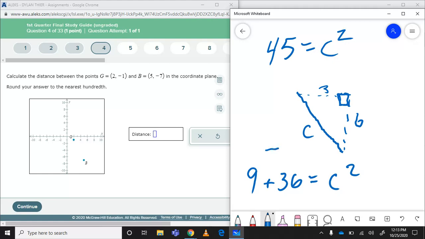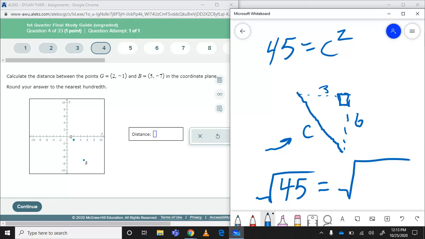Now, we're not looking for c squared, though. We're looking for c. So what do we do in that situation? Well, to get rid of that 2 up here, to get rid of that exponent, we need to do the opposite of squaring. The opposite of squaring is taking the square root. So I'm going to say that the square root of the left side should equal the square root of the right side.